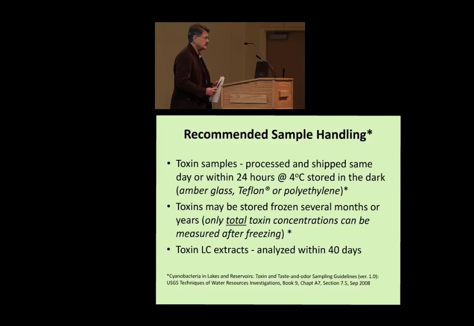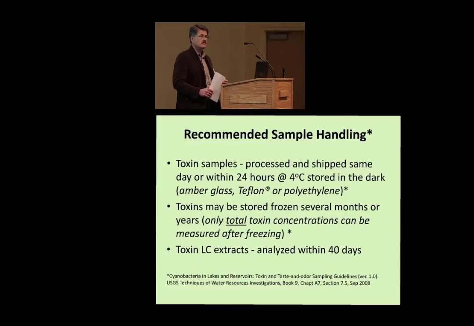Some sample handling procedures. Toxin samples need to be processed and shipped the same day or within 24 hours. They need to be stored at around 4 degrees centigrade in the dark, and you can use amber glass, Teflon, or polyethylene. If polyethylene is used, it's recommended that the sample is rinsed several times, at least 3 times with the container, because polyethylene will absorb microcystin toxins.